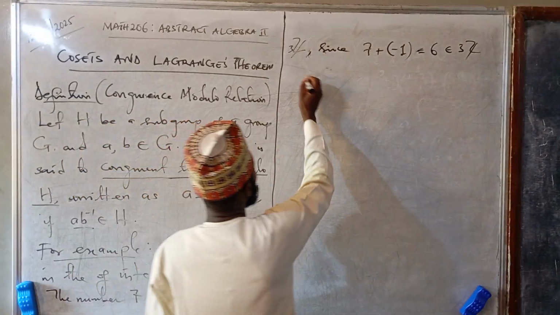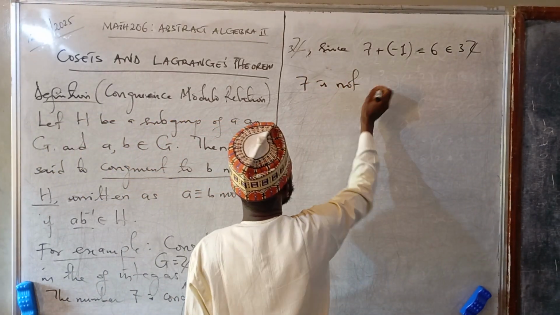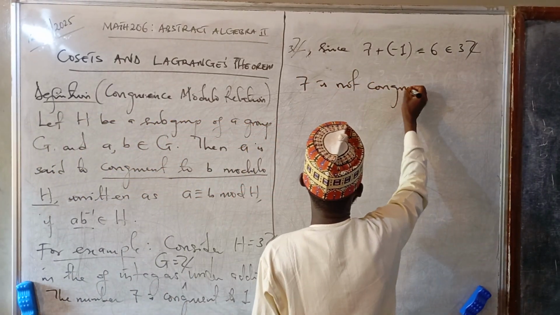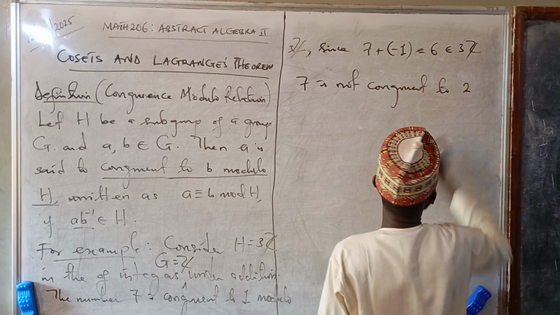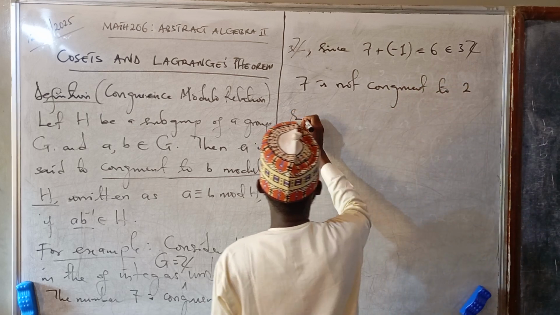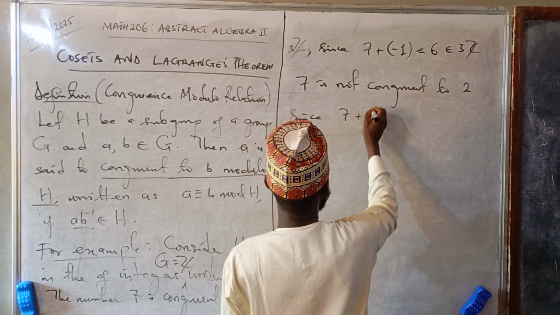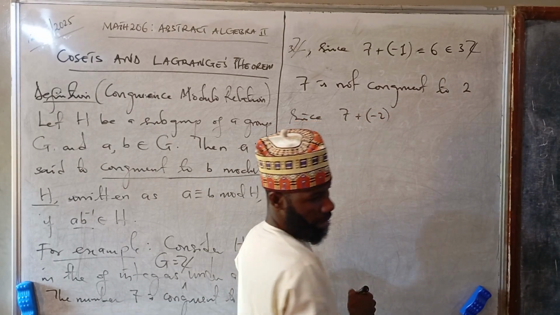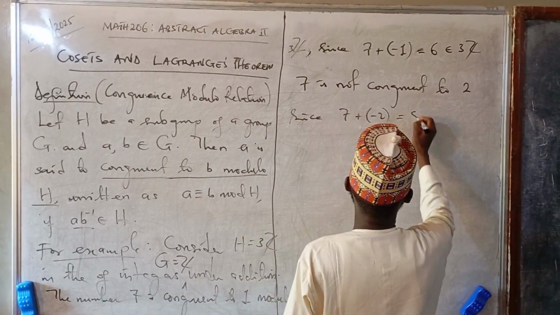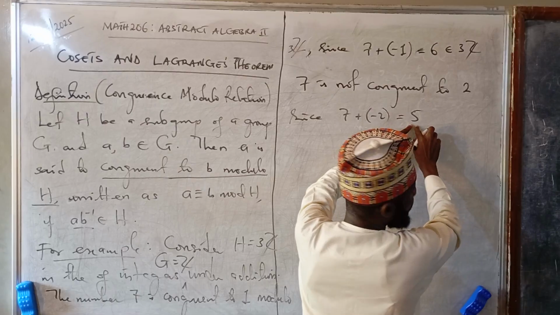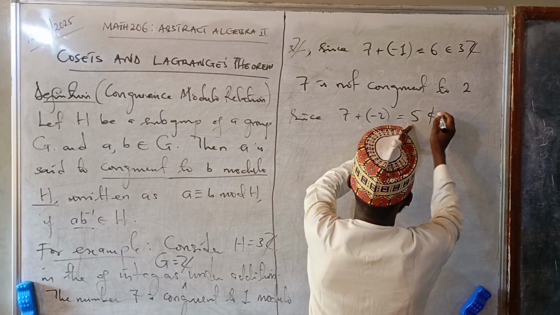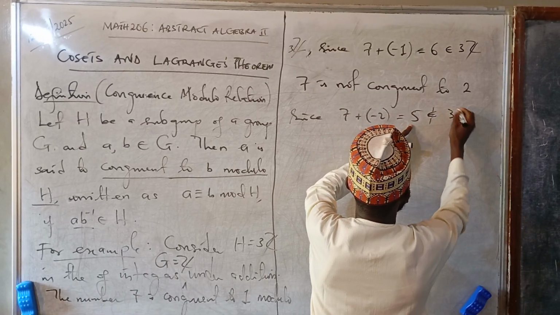Like 7 is not congruent to 2. This is because what? 7 plus minus 2, you can write 7 minus 2, it doesn't matter, is equal to 5. And 5 is not a multiple of 3. So this will not be in the subgroup H, 3Z.